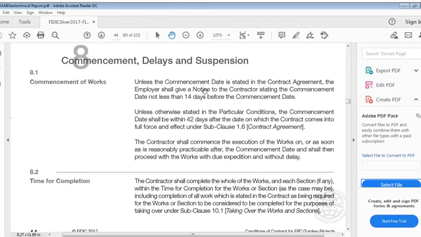Engineering contract or engineering construction is not simple construction. This is called engineering construction, where engineering is involved in depth and in full, not superficially. Full potential is actually there.